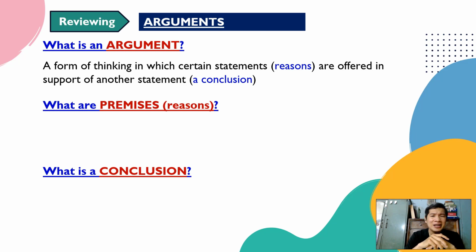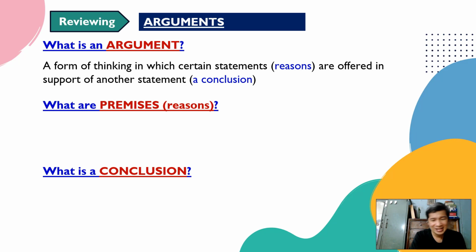Then you can see in an argument there must be premises and a conclusion. And the premises are given just to support the conclusion. They are not offered to make fun. There is a purpose for them to be there, to support the conclusion.